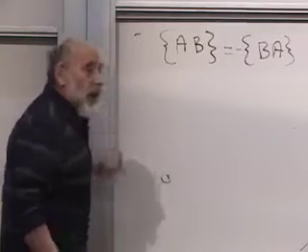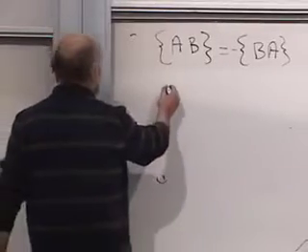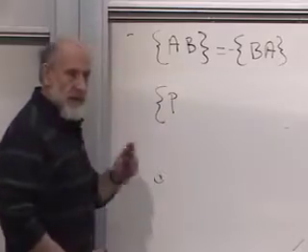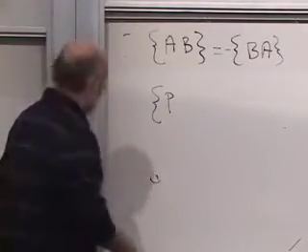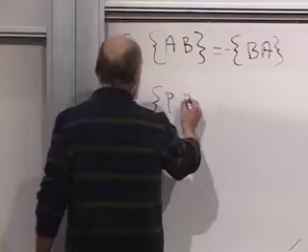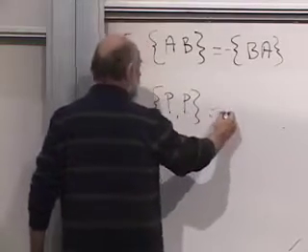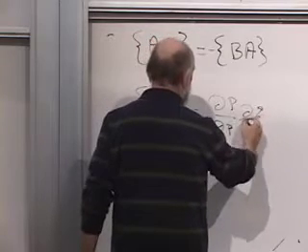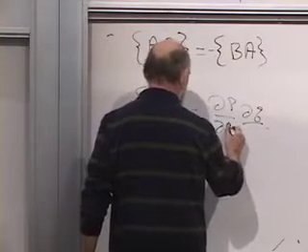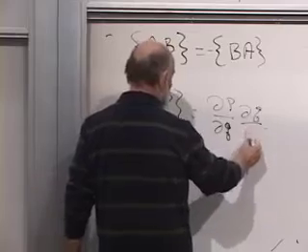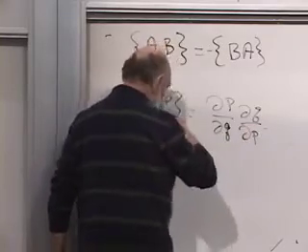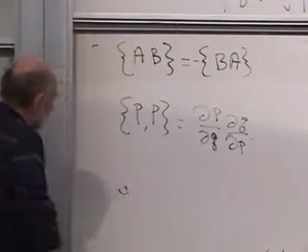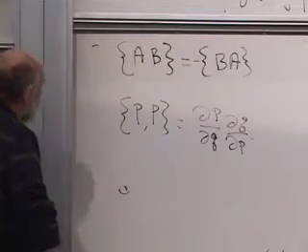All right, how about the Poisson bracket of P with P? I'm going to do P with P, but then I'll tell you what the answer is if there are any number of variables. What is P with P? Well, that's equal to partial of P with respect to P, partial of Q with respect to Q. Partial of P with respect to Q, partial of Q with respect to P. Yeah, you're right.